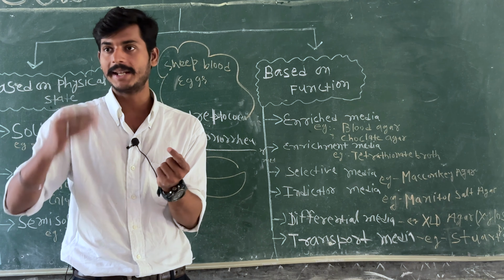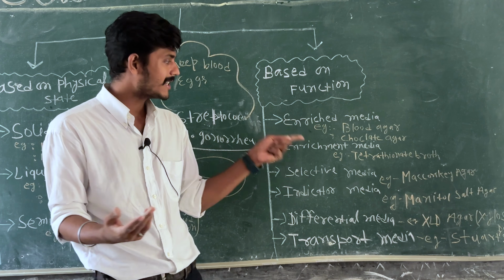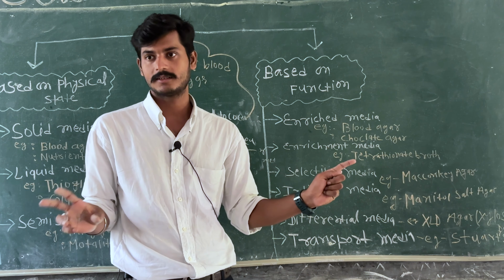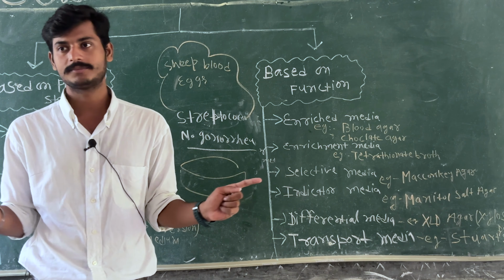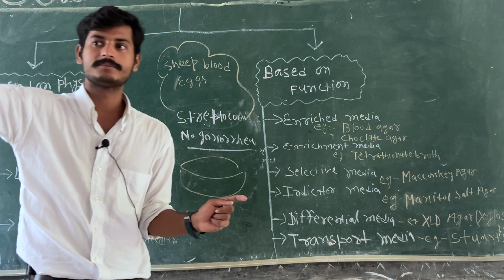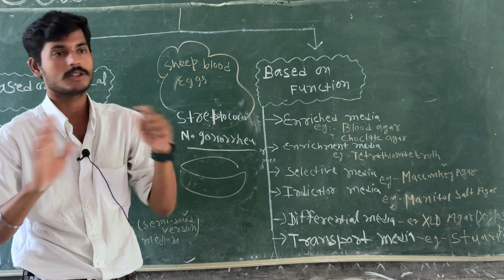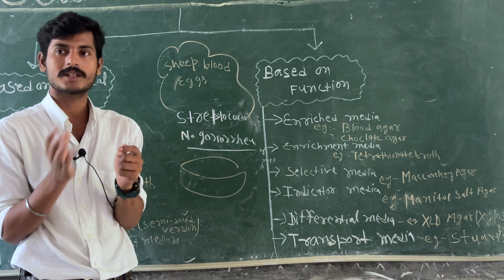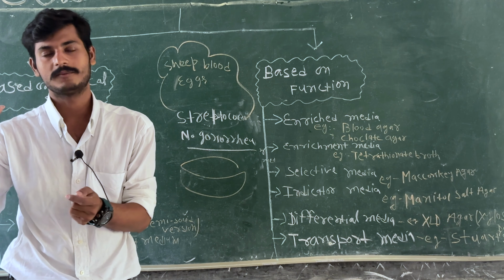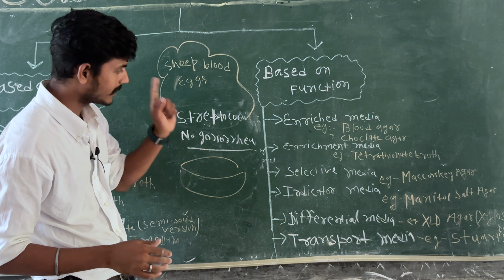It is the breakdown of blood. So when blood breaks down, it changes into a chocolate, brownish color. Got the point? Yes, everyone? So that is why it is called chocolate agar. It is not actual chocolate, just because of the color we are giving the name. Clear? Fine. Remember the example too.